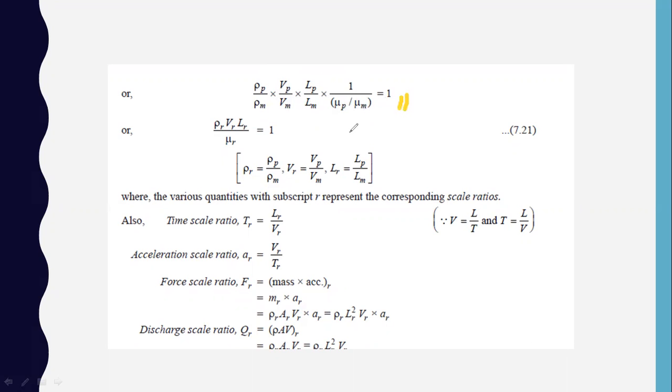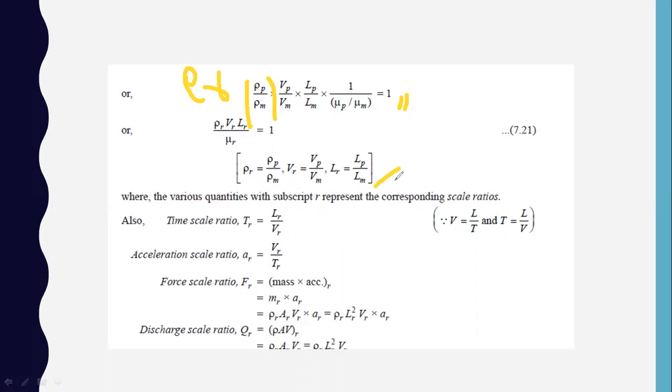What I replace this with: the density of the prototype divided by the density of the model, the velocity ratio and the length ratio are the scale ratios, where the subscript R represents the corresponding scale ratios, that is the density scale ratio, velocity scale ratio, and length scale ratio.